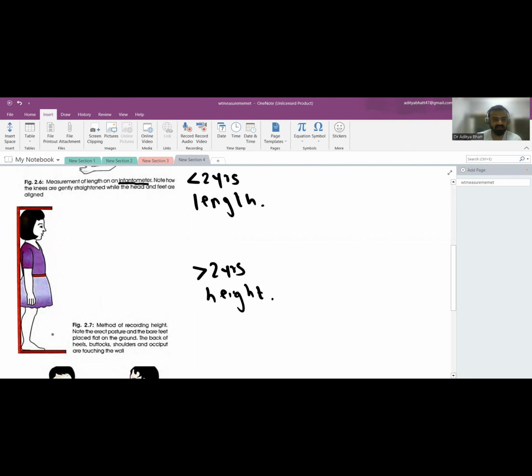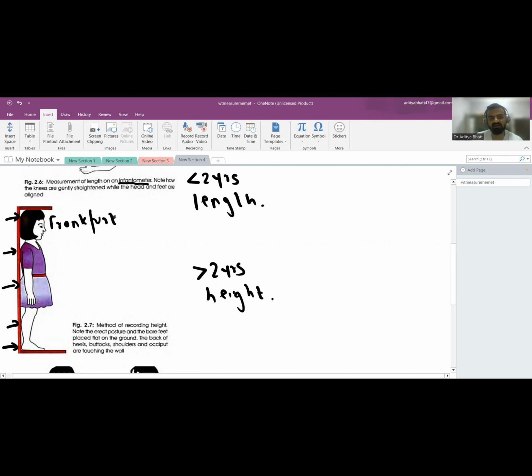Here you have to keep in mind that the child is not wearing any shoes, and there are 5 contact points: 1, 2, 3, 4, and 5. These 5 contact points should be maintained in order to get the most accurate height. This is called the Frankfurt plane.